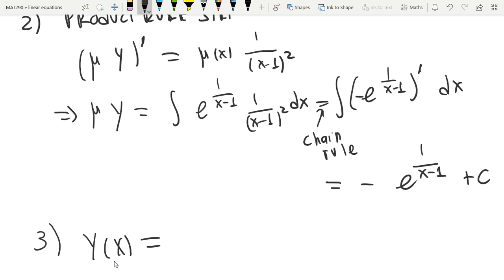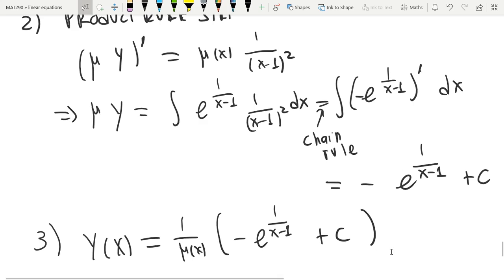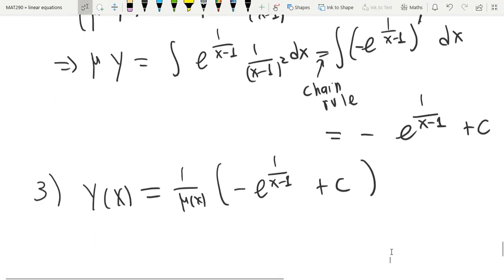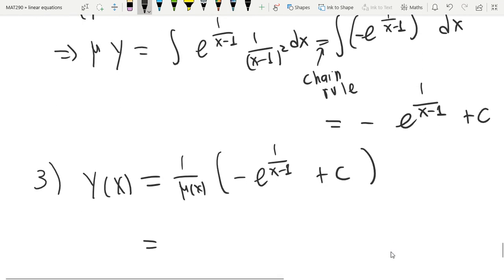y of x is equal to 1 over mu of x. And mu of x was this term.